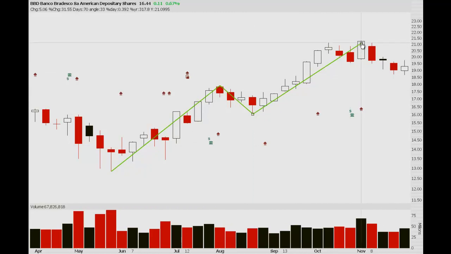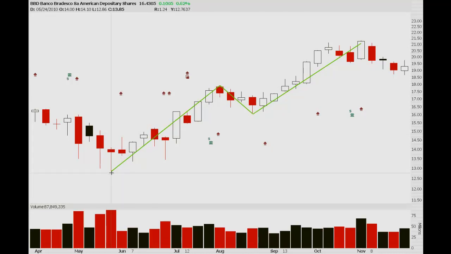This would also be a good spot to look for reversal, and that's exactly what happened. This one-to-one symmetry predicted where the reversal would take place. The fact that this is happening gives you an idea that BBD is respecting Fibonacci levels, which furthers our point.